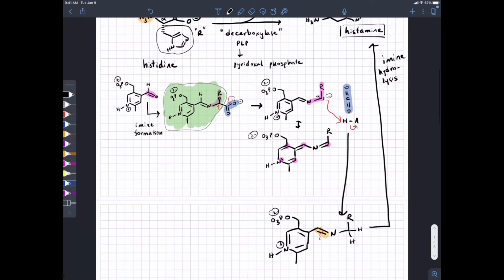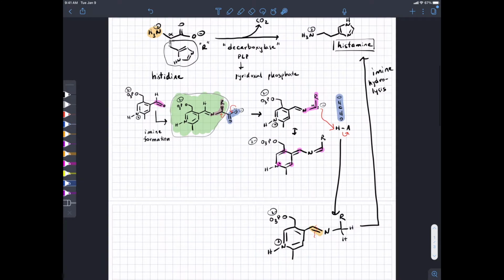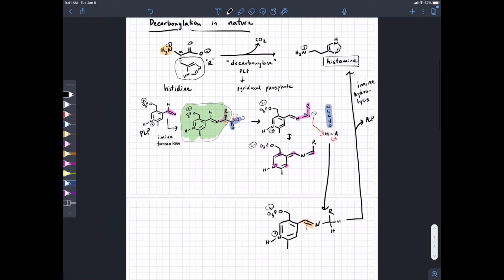And that will liberate pyridoxal phosphate, our cofactor, and will make histamine, where this portion is the R group that we abbreviated early on.